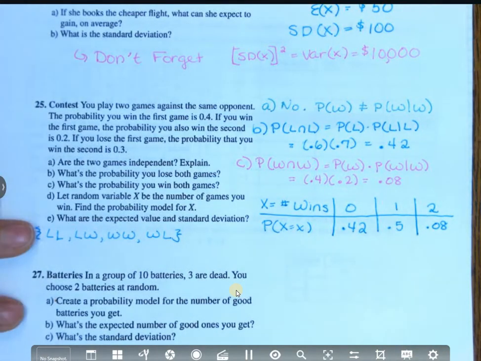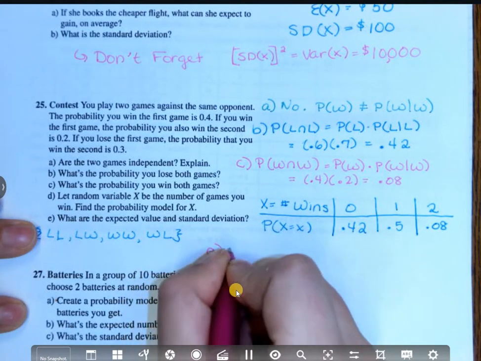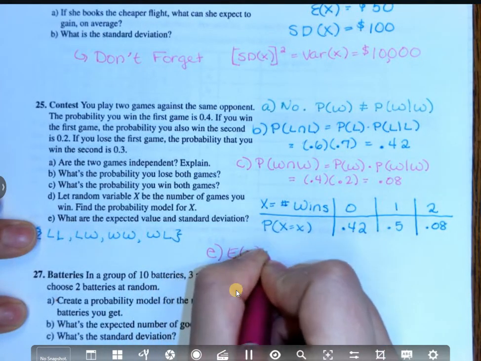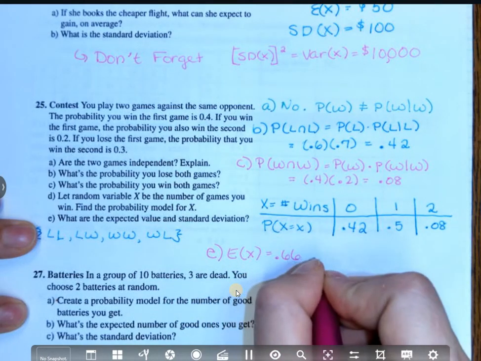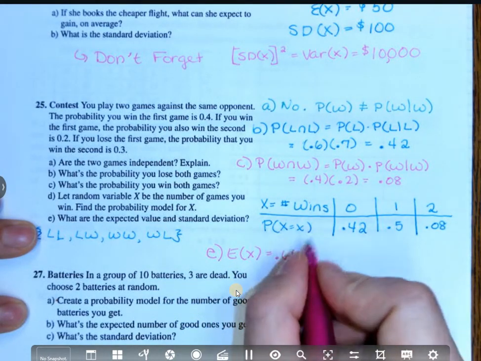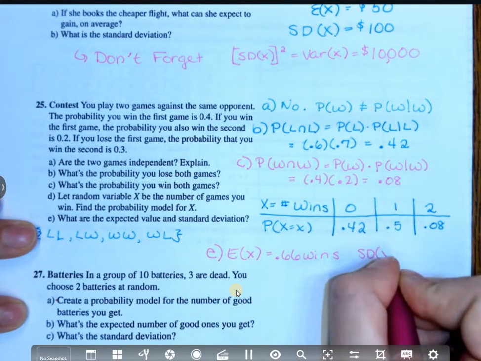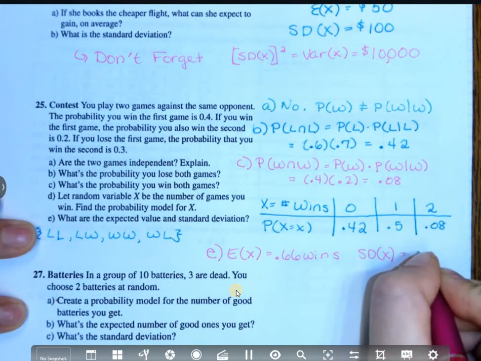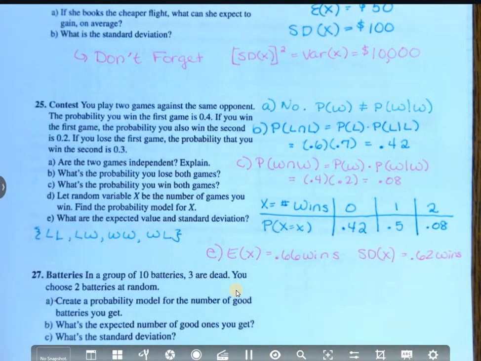If that's the case, what does your expected value end up being? 0.66. Not games, we're wins. And my standard deviation, and again, wins.